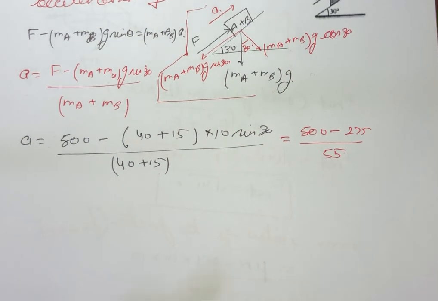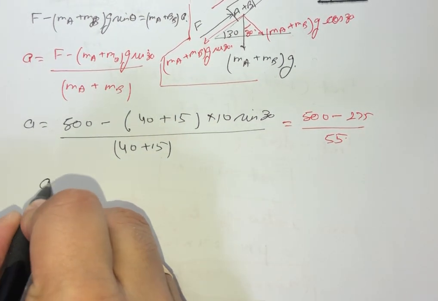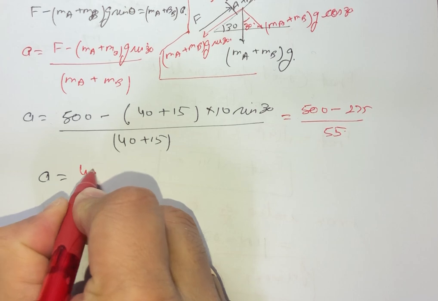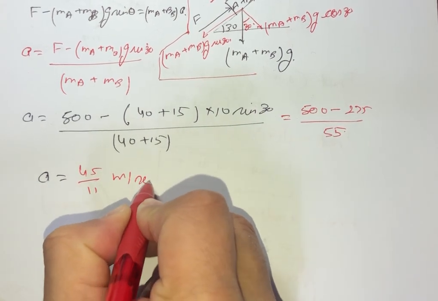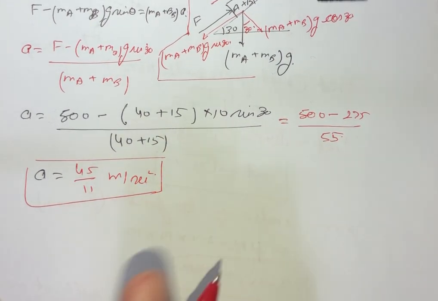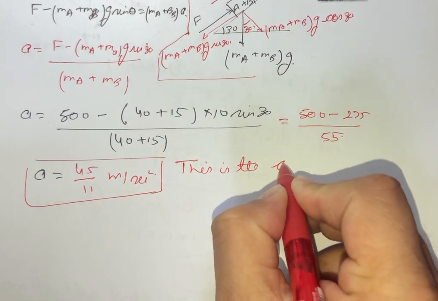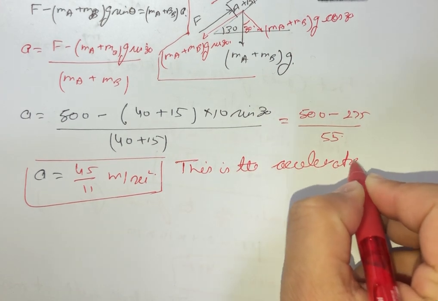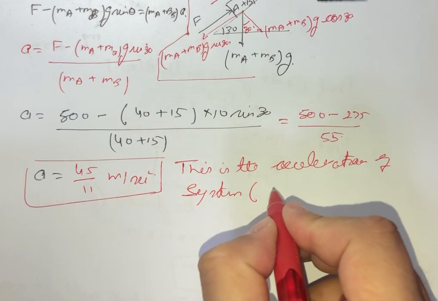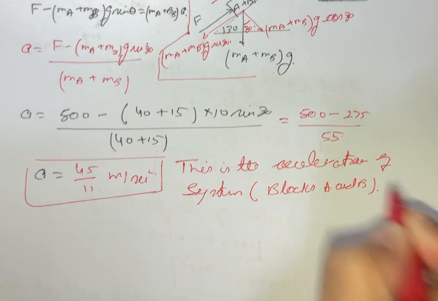So the acceleration A will be equal to 45 by 11 meter per second square. This is the acceleration of the system, which is blocks A and B.